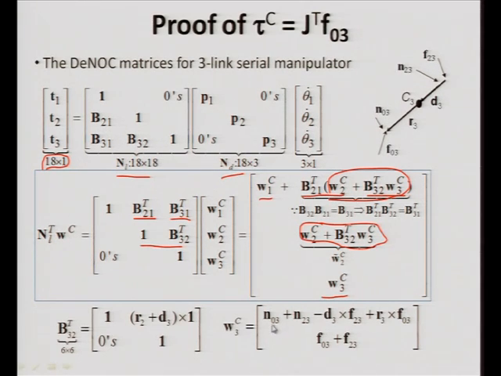That is why N03 comes, N23 comes, and then because of those reactions from the two edges I have these cross product terms, minus d3 cross f23 plus r3 cross f03. And this is my moment component for the definition of range, and these are my force components.